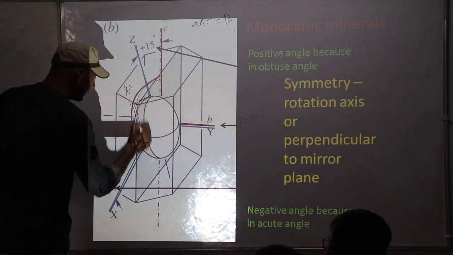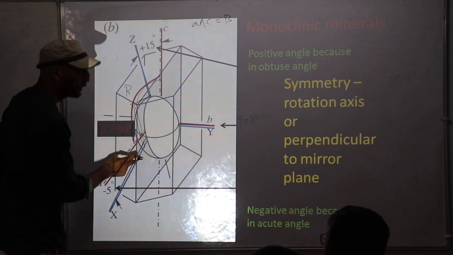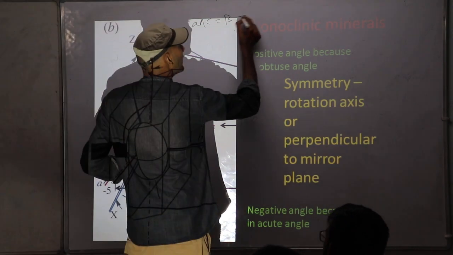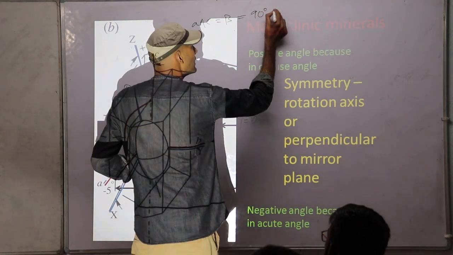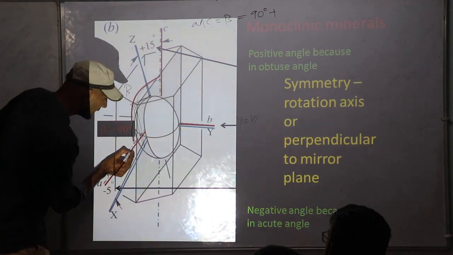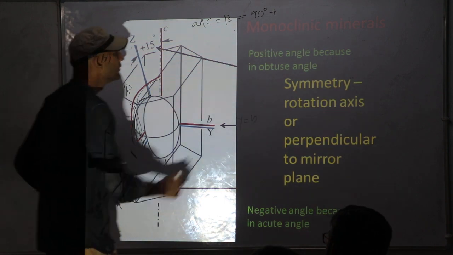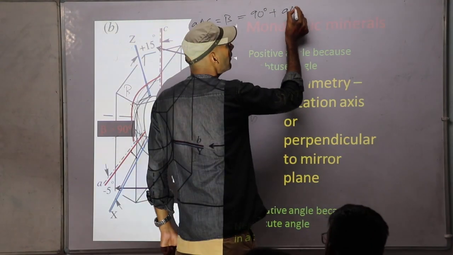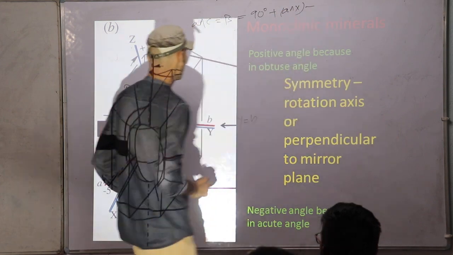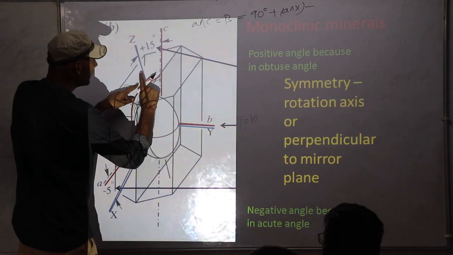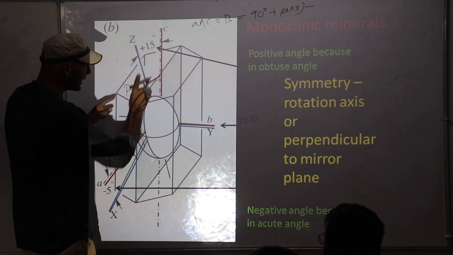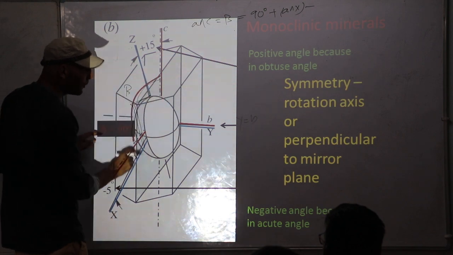These blue lines, they are 90 degree. That is equal to 90 degree plus this angle, that is A angle X, minus, you can take angle with Z and C, because that is all that is included in beta.